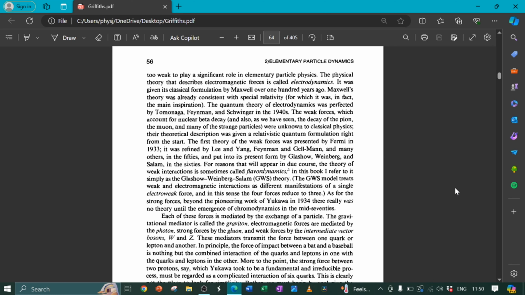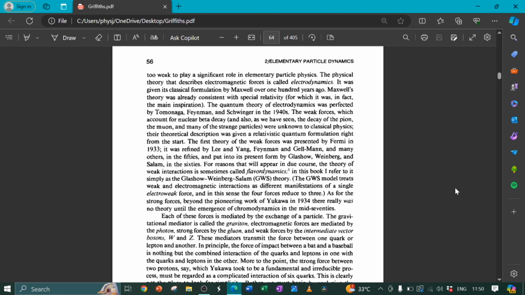For reasons that will appear in due course, the theory of weak interactions is sometimes called flavor dynamics. In this book, I refer to it simply as the Glashow-Weinberg-Salam GWS theory.